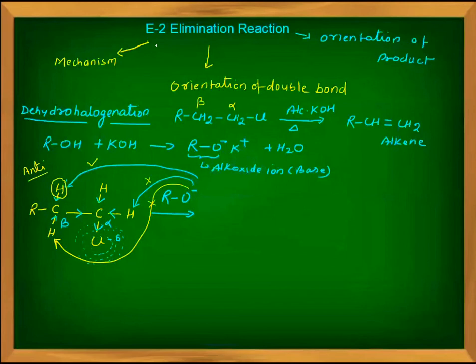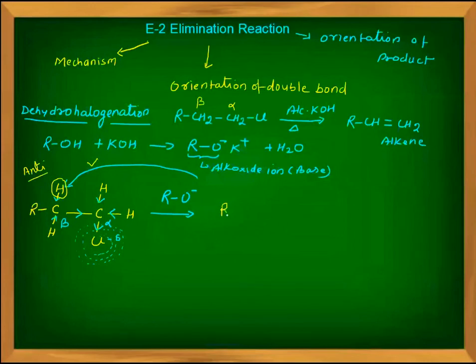Then why is this called the E2 mechanism? What is the meaning of E2 elimination? From this discussion, it is clear that this reaction is possible, this one is not possible, and this is also not possible. So only this reaction is possible.